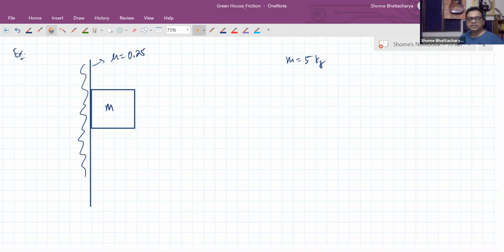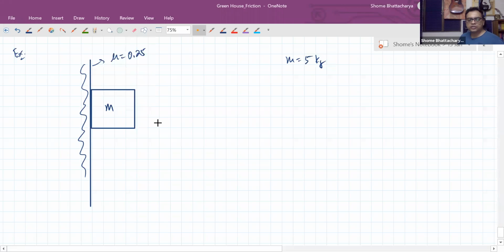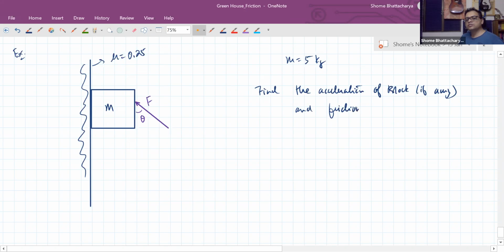Okay. But the difference is this time we are applying the external force, not horizontally, but like this. We are applying an external force like this at an angle theta. So find the acceleration of the block, if any, and the friction acting on it.